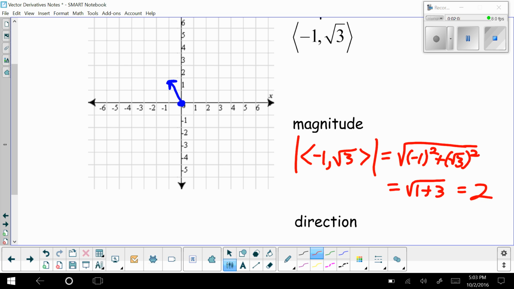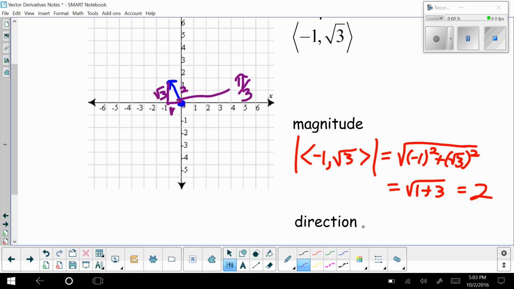To get direction, this typically is where trigonometry is involved, in that if we were to draw a right triangle, this was 1, this was radical 3, we know this is 2. What we get is the angle here would be pi over 3.